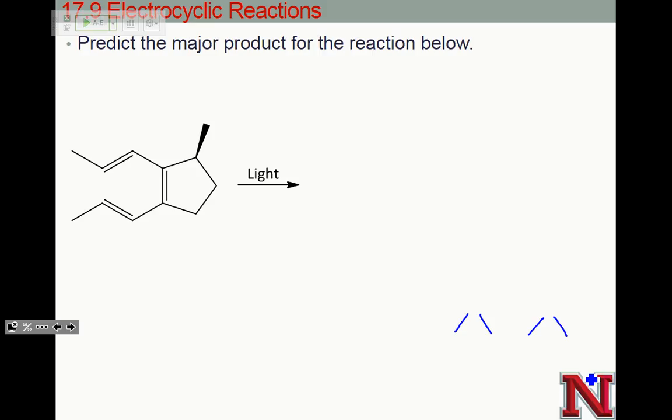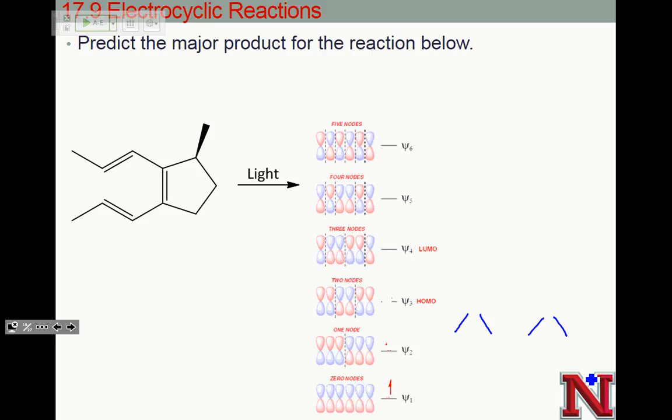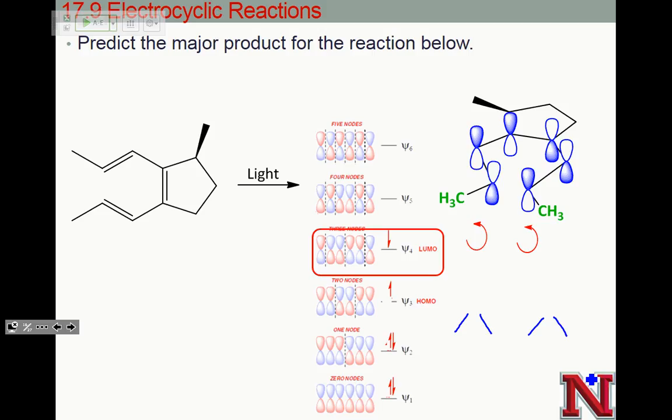So if we look at this example under light conditions, again, our HOMO is now this example. So all we have to do is look at these 2 ends. All I did was redraw everything, but really all you need is the 2 ends. I'm showing my red as unshaded, it's up, and then my red is down.